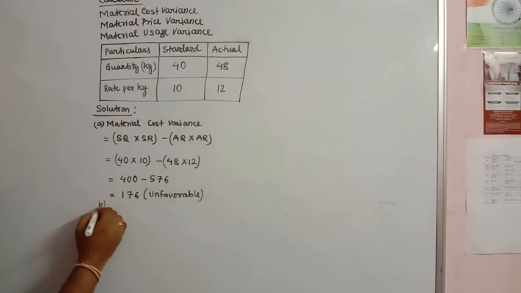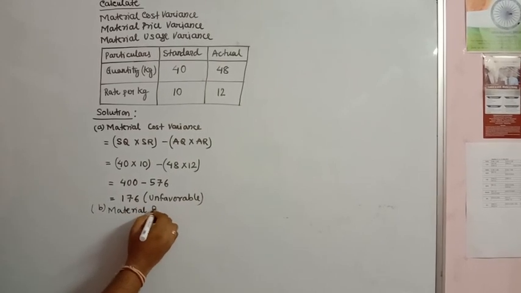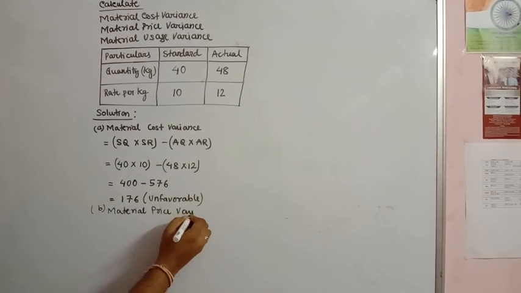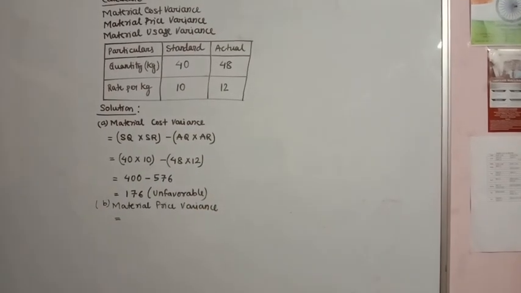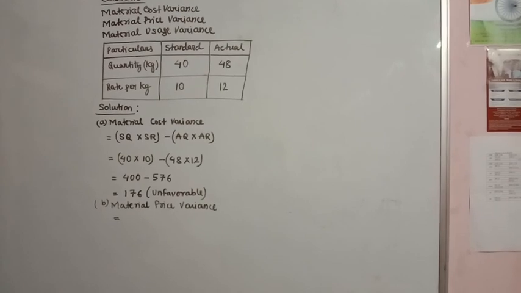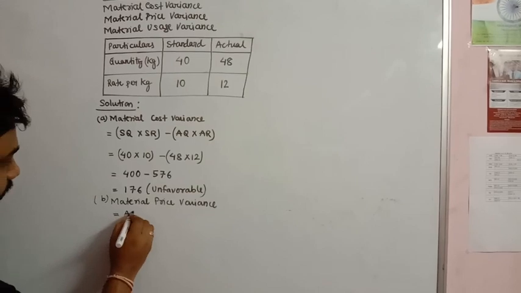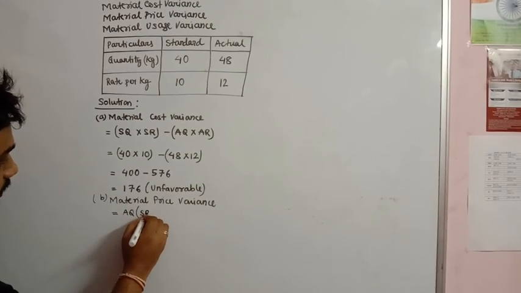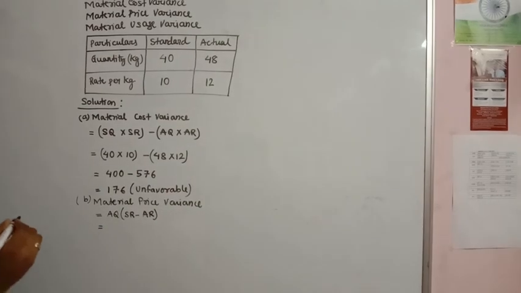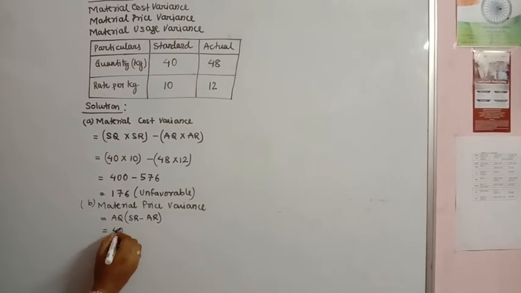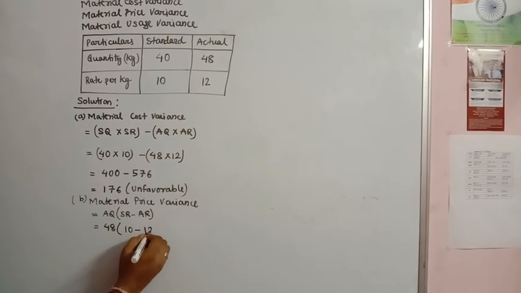Next, we will calculate material price variance. Again, material price variance has a specific formula for calculation. It is actual quantity into standard rate minus actual rate. If you look at the question, actual quantity is 48, standard rate is 10, actual rate is 12.